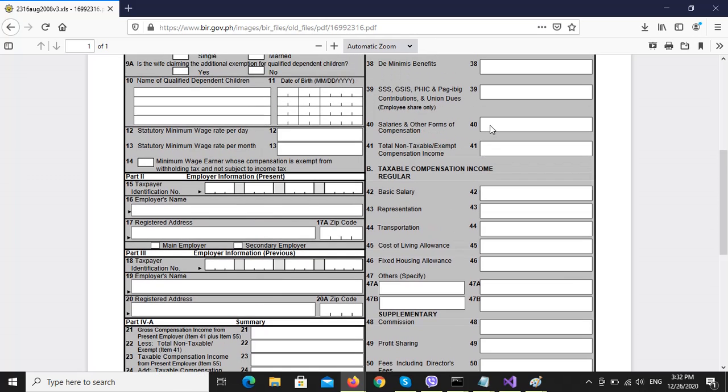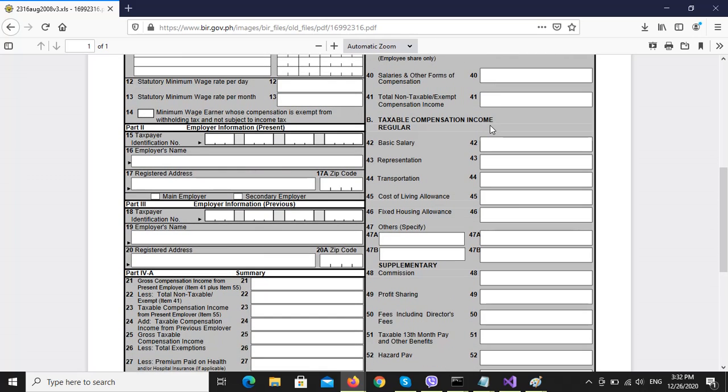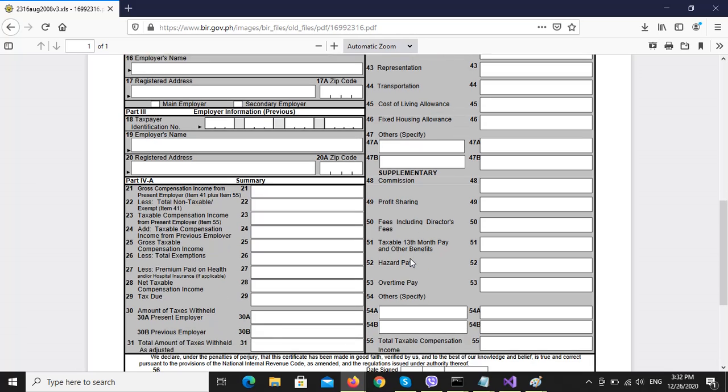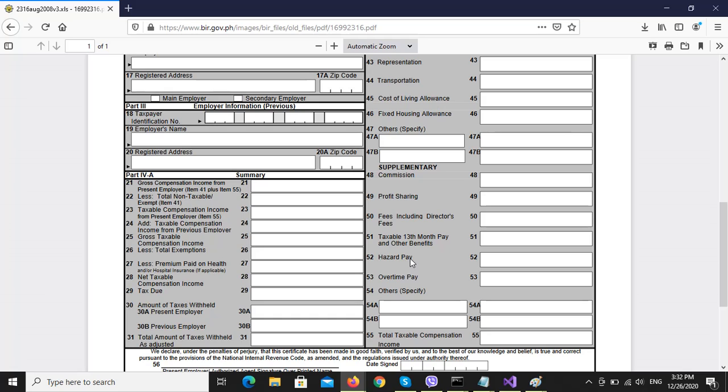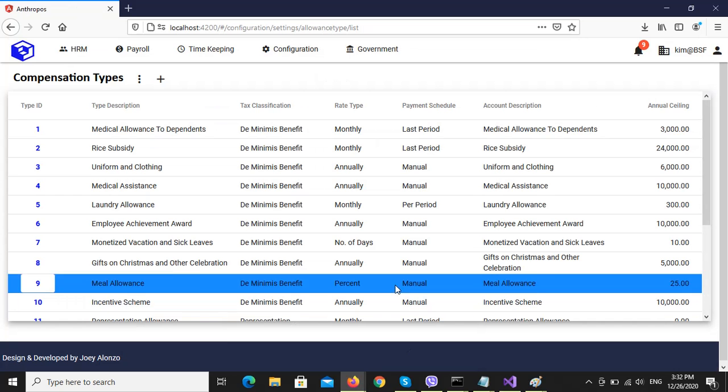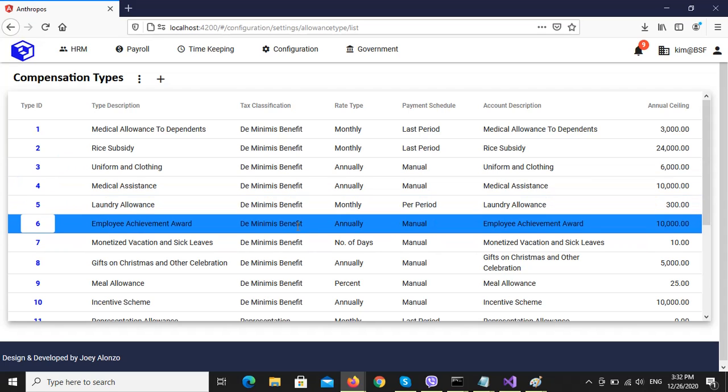On this 2316, there are some items. Particularly, we have the fixed housing allowance, commission, profit sharing, and so on. In order for us to put the amount here for commission and profit sharing, we identify them in the tax classification.